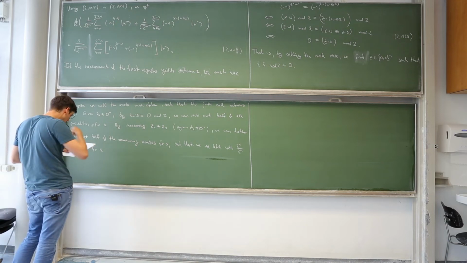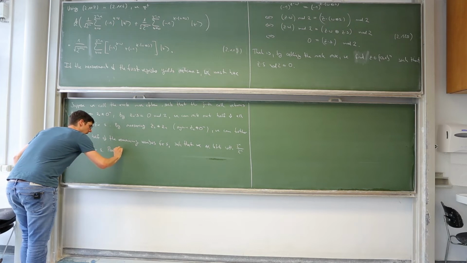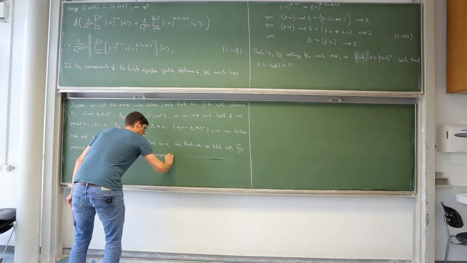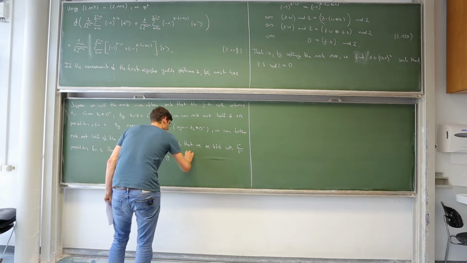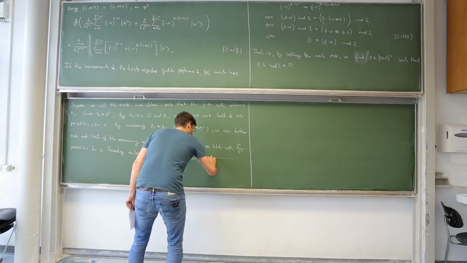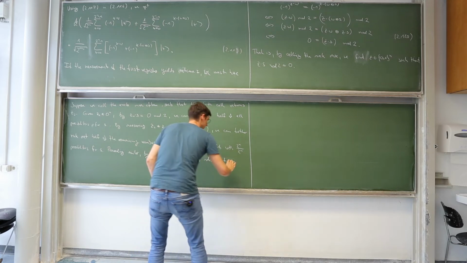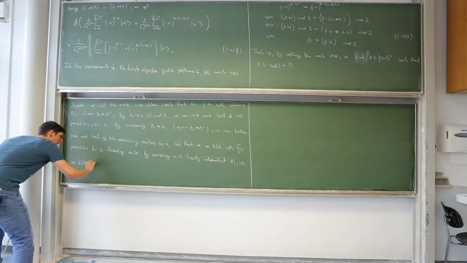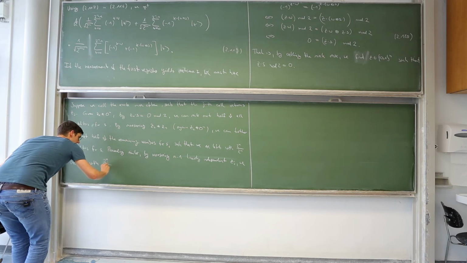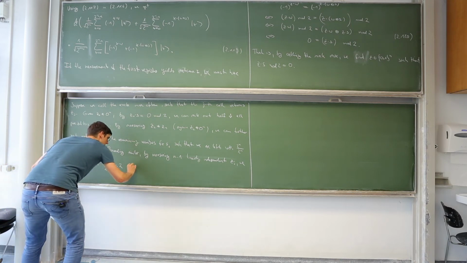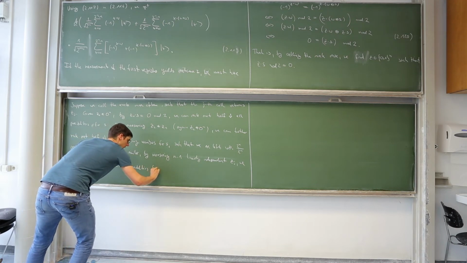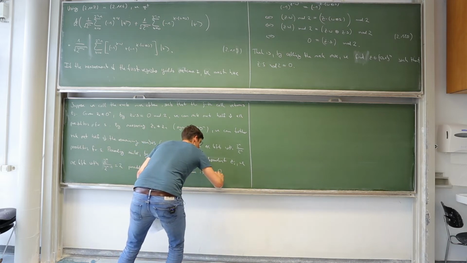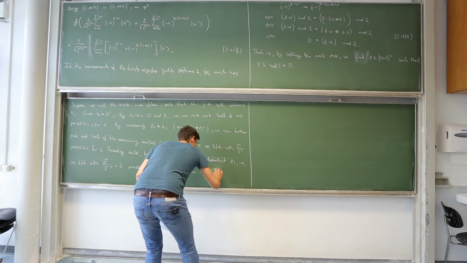And then, proceeding similarly, by measuring n minus 1 linearly independent sets j, we are left with 2 to the power of n divided by 2 to the power of n minus 1, which is two possibilities for S. One of them is S equal to 0 to the power n.